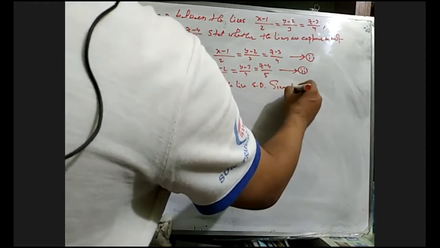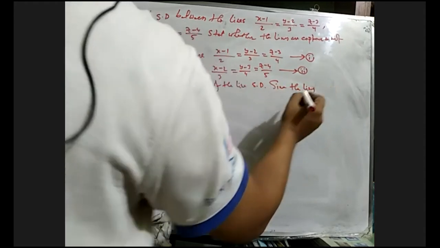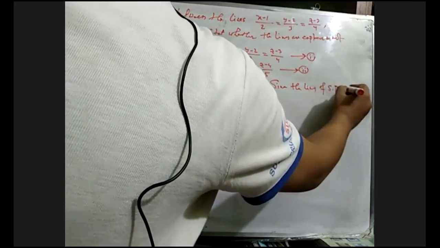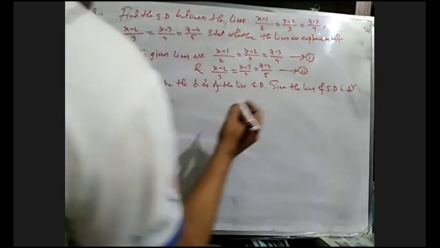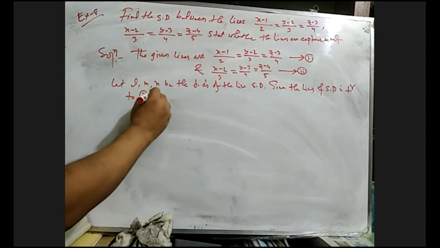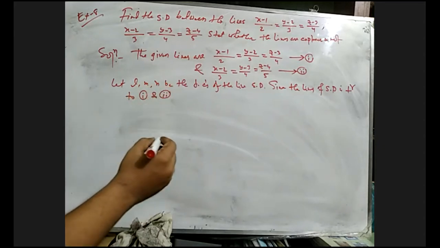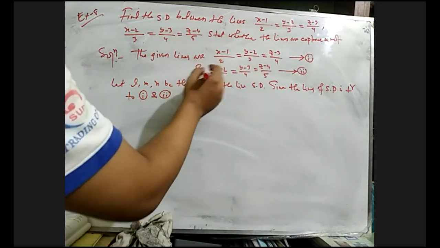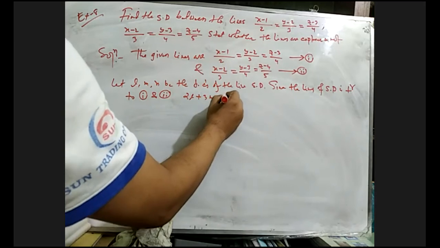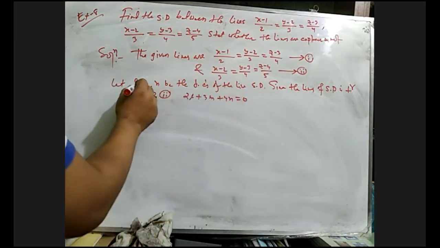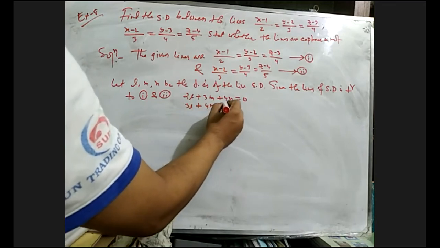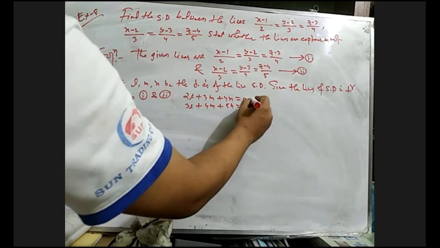Since the line of shortest distance is perpendicular to 1 and 2, we get 2l plus 3m plus 4n equals 0, and 3l plus 4m plus 5n equals 0.